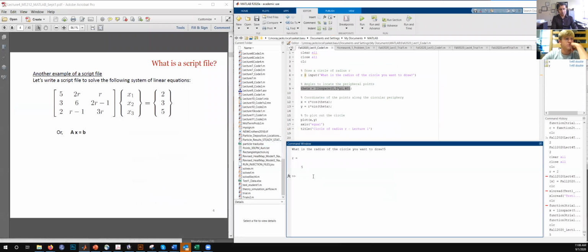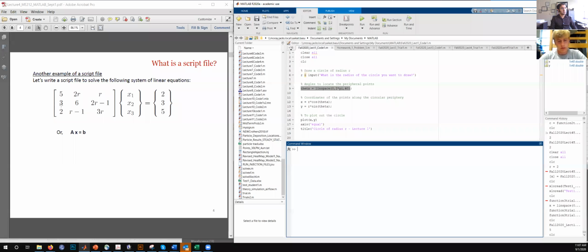Okay, so assuming you guys all have MATLAB, let's try to write a code for this particular example. So this is a system of 3 equations where x1, x2, x3 are unknown. The first equation is 5x1 plus 2r x2 plus r x3 is equal to 2.